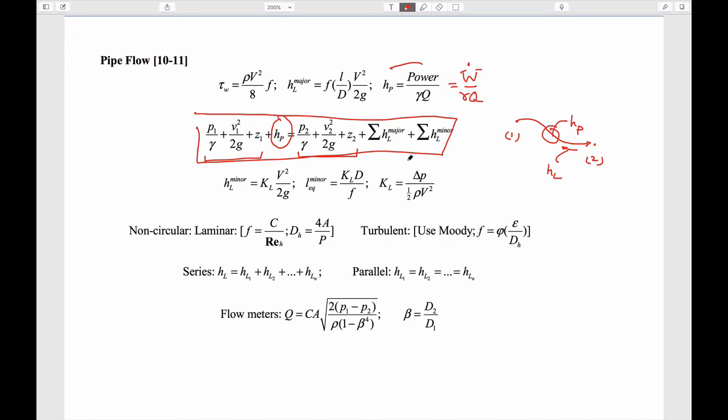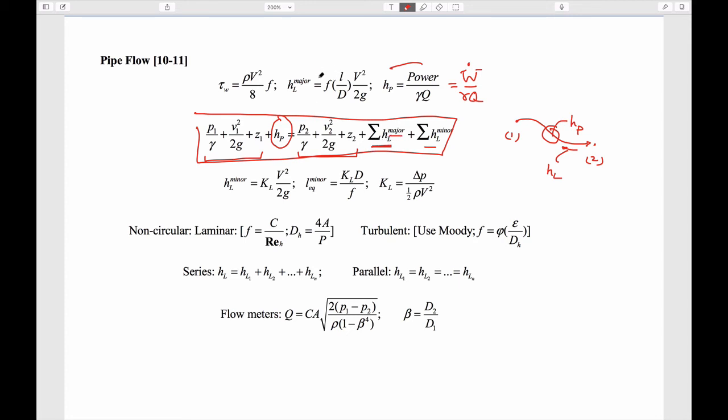And the losses are either major losses or minor losses. Major losses are the small losses due to friction along the side of a pipe. They're small losses incrementally, but over a long length of pipe, they sum up to something substantial.